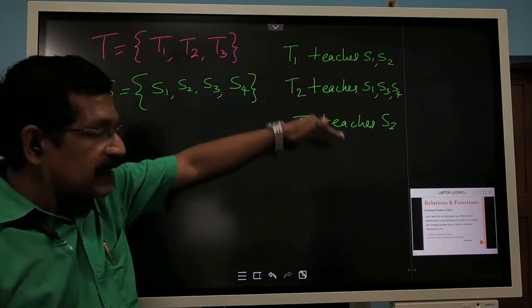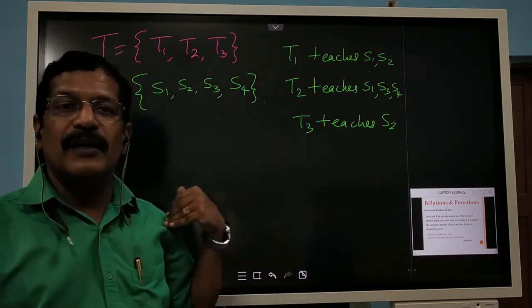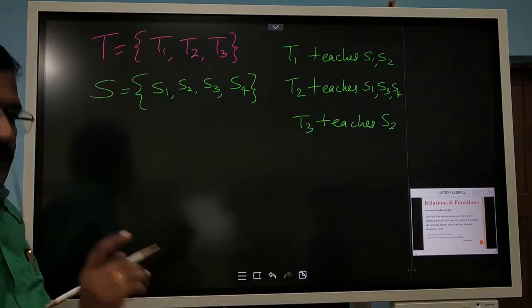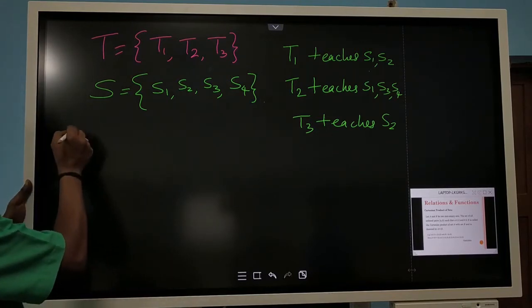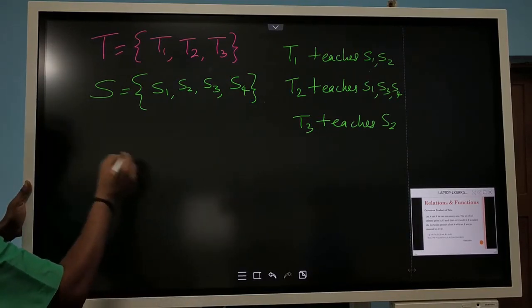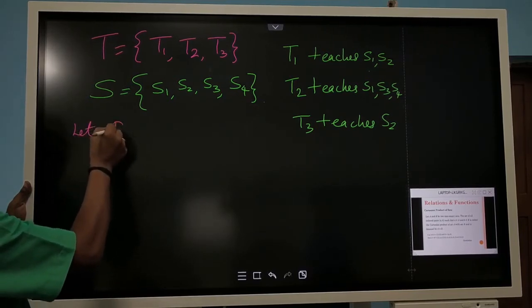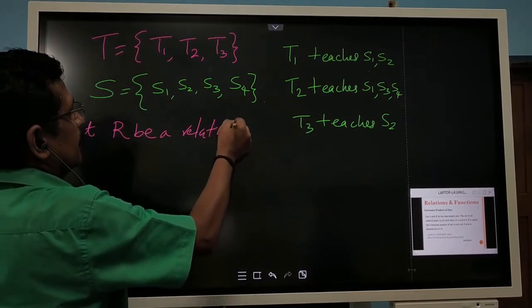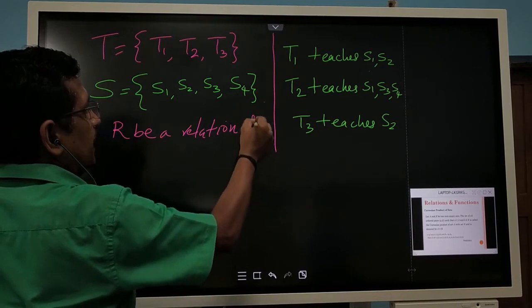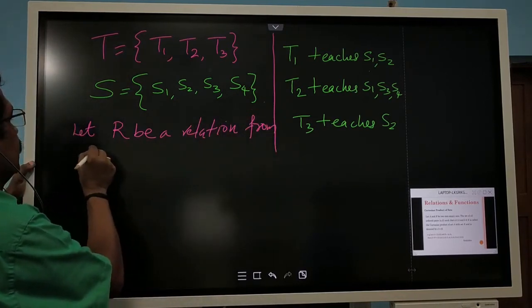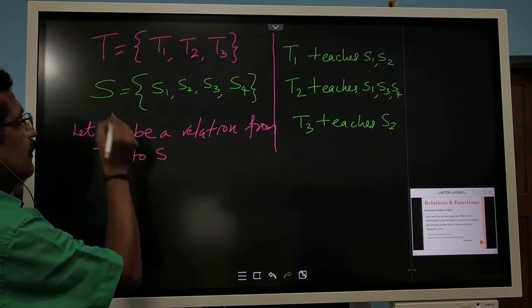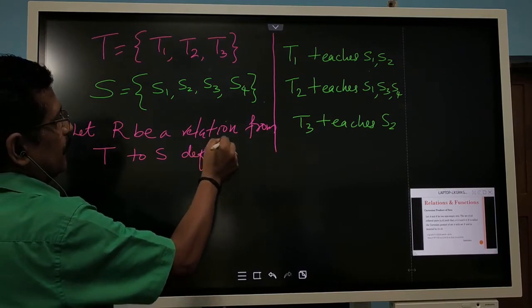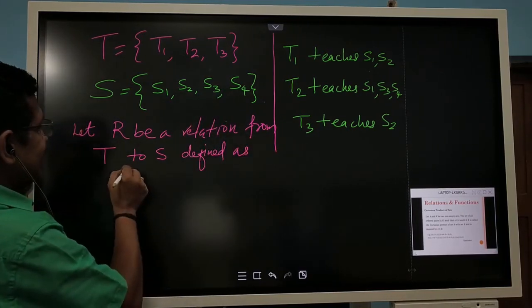The information given here, now I am putting it into a set form, roster form. So let R be a relation from T to S defined as "teaches".